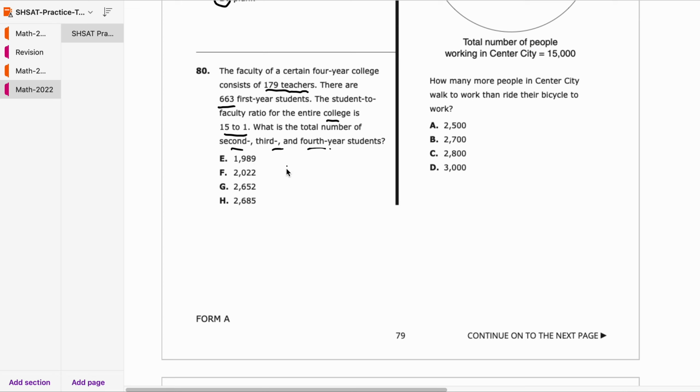So we know that the number of students to the number of faculty is 15 to 1. And we know that the number of faculty is 179, right? Because the faculty consists of 179 teachers.